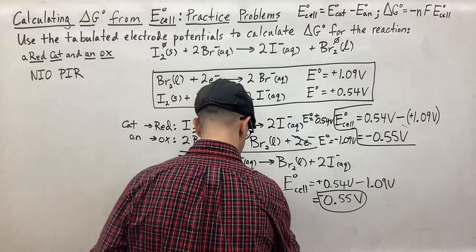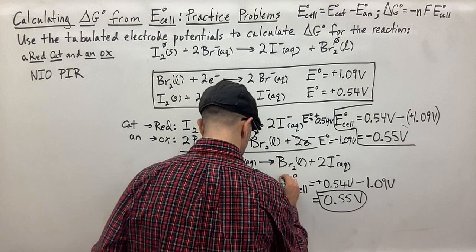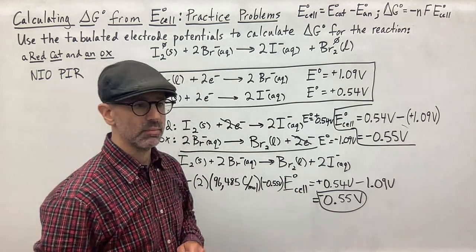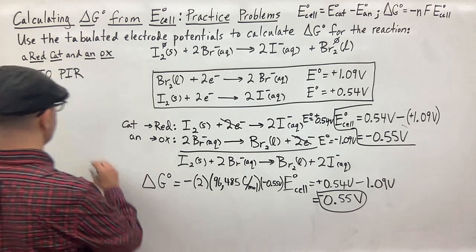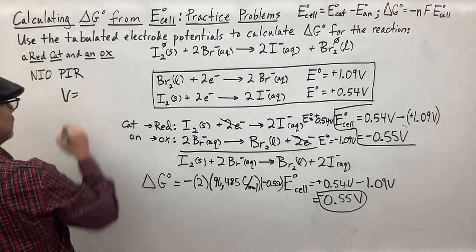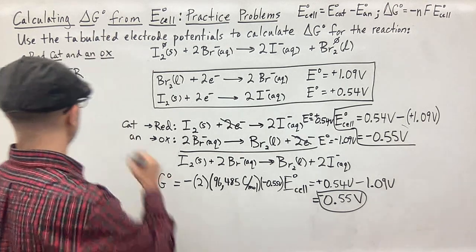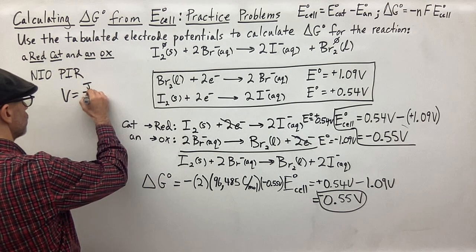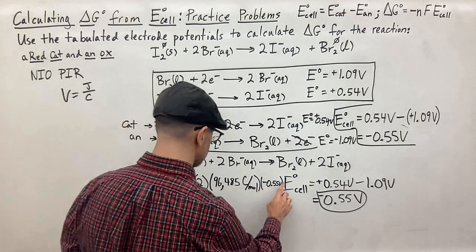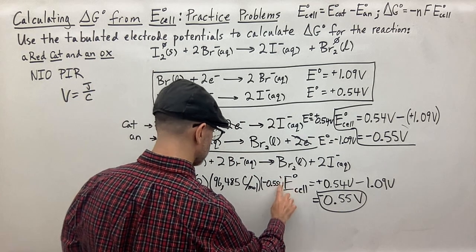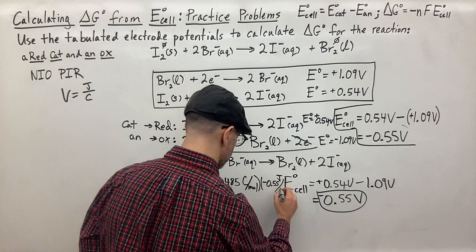So we're going to put that in here. Okay, and remember, a volt is equal to joules per coulomb. So if I change that, it would be joules per coulomb.